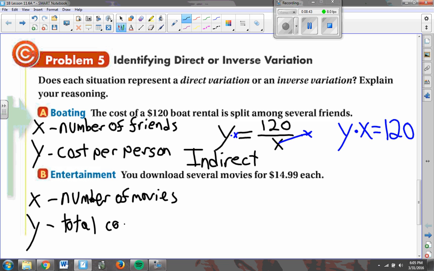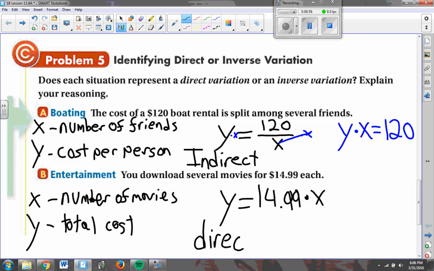I'm pretty sure if I want to find the total cost, I should take $14.99 and multiply it by the number of movies. Now, y equals k times x is a direct variation equation, because if I divide both sides by x, I get y divided by x equals $14.99.